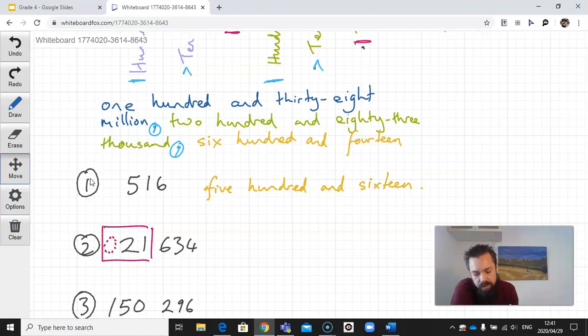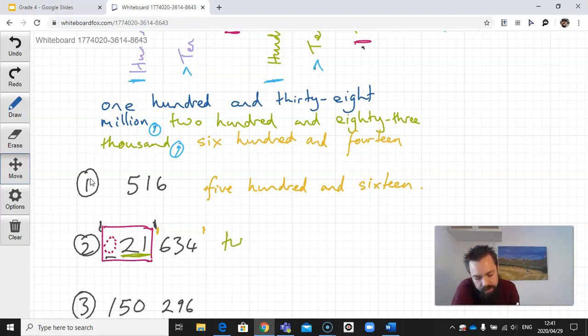But all I need to do is to be able to look at these houses. So my first house is from here to here. My next house is those three. All I've got to do is to be able to read that house's number and then put the name of the house. So if you can read that number, which I'm sure most of you can, we're going to put that number and then say the name of the house.